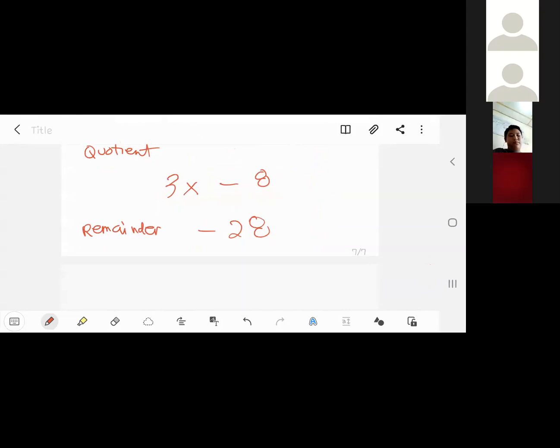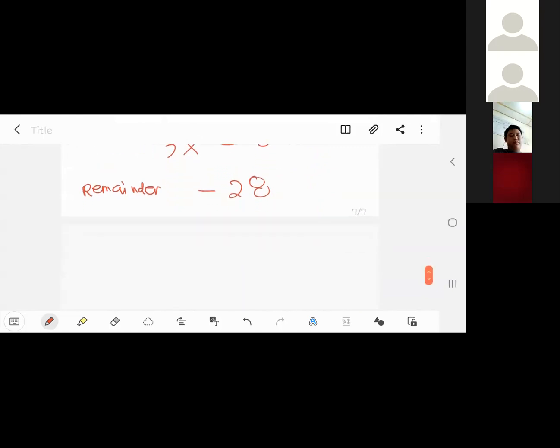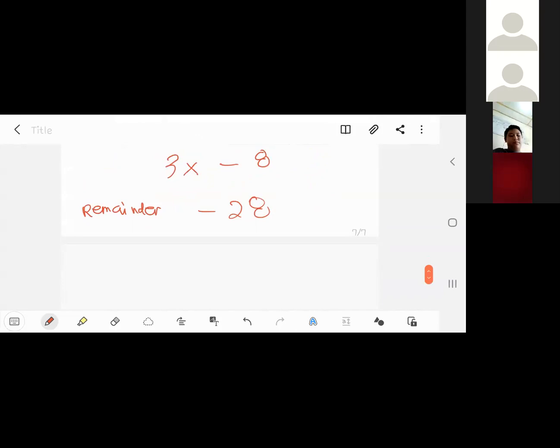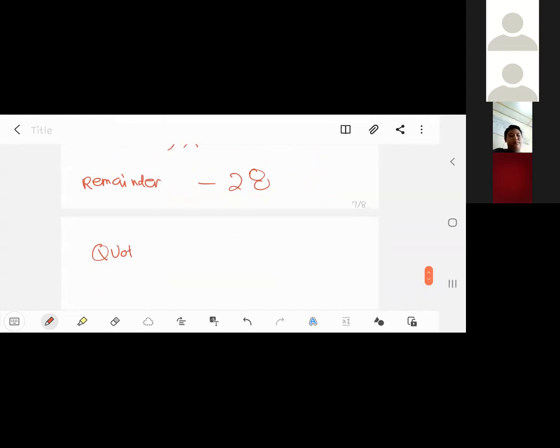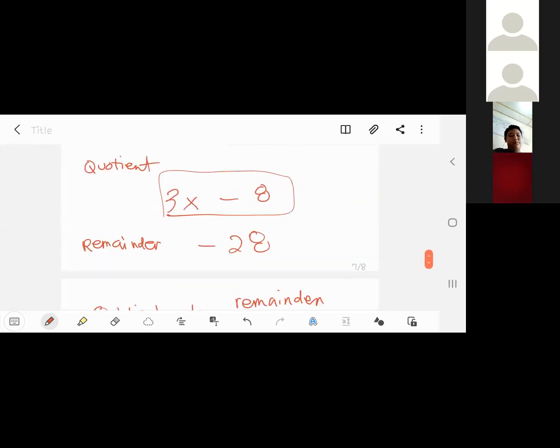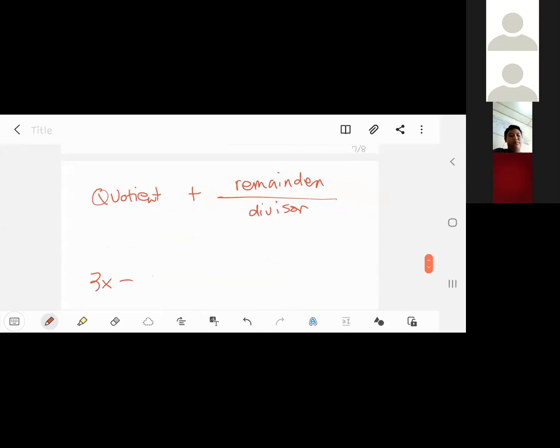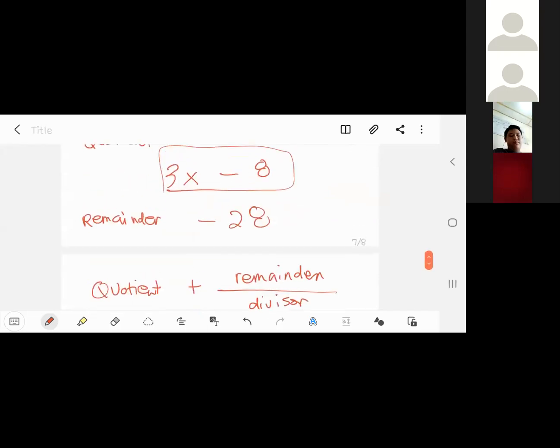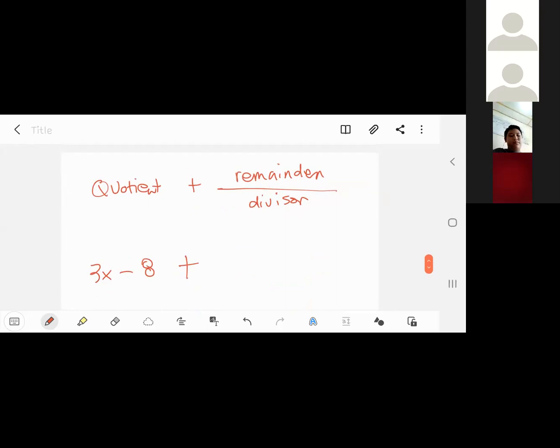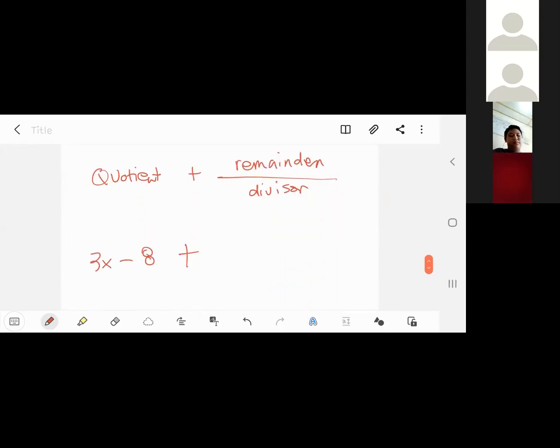Hence, your final answer is: to write your final answer in long division, you have to write quotient plus remainder divided by divisor. So your quotient is 3x minus 8, plus your remainder, negative 28, divided by your divisor.